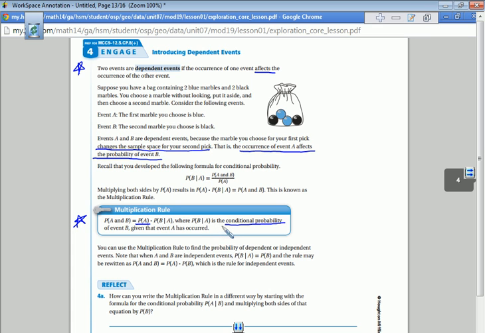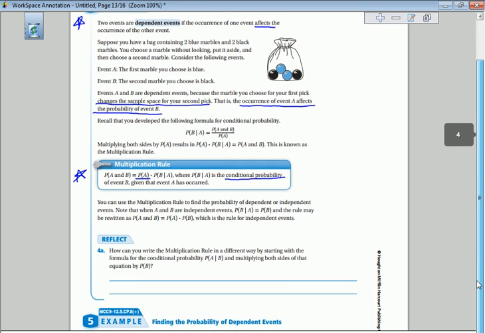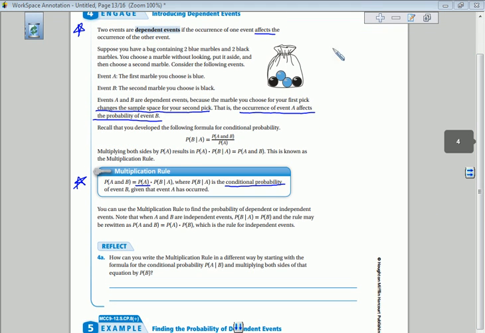Will you send the formula up to the first one? Sure. If we look at the first one, this is event A. So what is the probability of choosing a blue? 1/2. It's 2 out of 4, or 1/2. But when we look at this, we're doing the probability of A times the probability of B given that A has occurred.